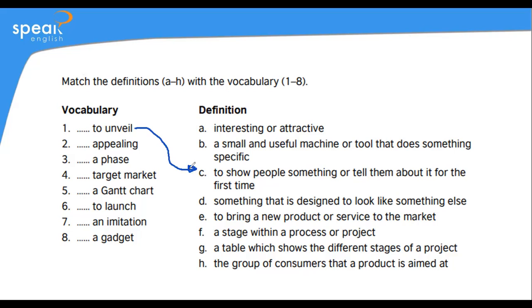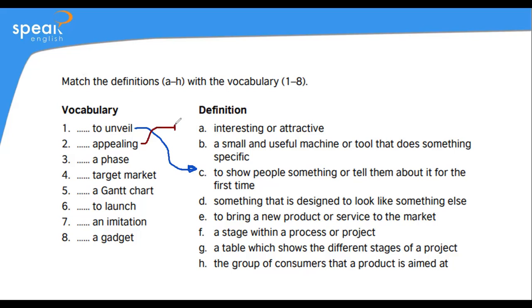Number 2 is appealing. Appealing is an adjective. It is a characteristic. So, what do you think the meaning of appealing is? Interesting or attractive. Exactly.